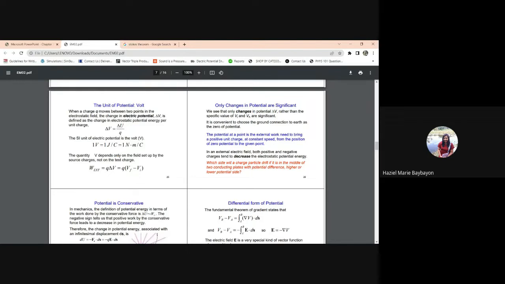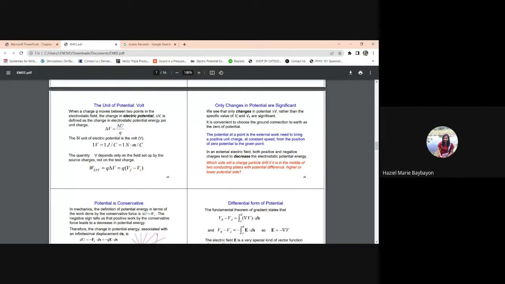Kung sa inyong Physics 42, University Physics 2, you have learned that for a given circuit, in order for the circuit to work, dapat naay mga certain components. And one of those components is a battery.